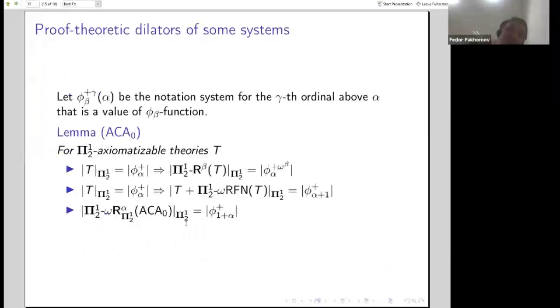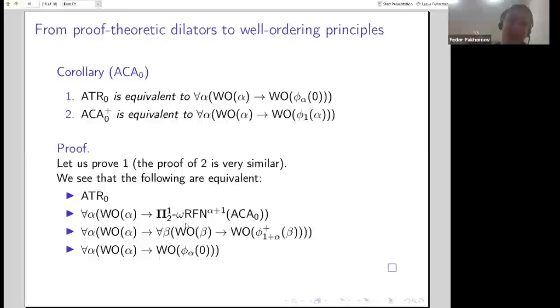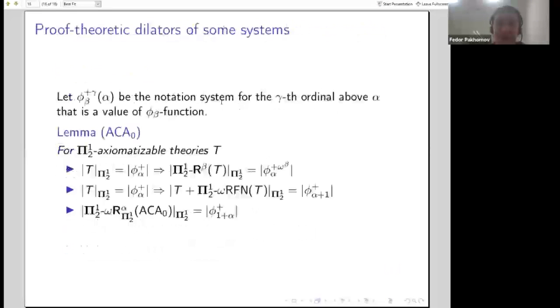And then applying this characterization, we could see that ATR0 is equivalent to something like this: if alpha is well ordered, then phi alpha of 0 is well ordered. Because, as I already mentioned, ATR0 is axiomatized by the sentence that says that if alpha is well ordered, then we have alpha times iteration of Pi^1_2 omega model reflection for ACA0.